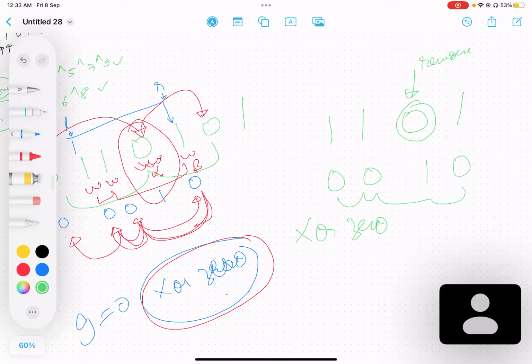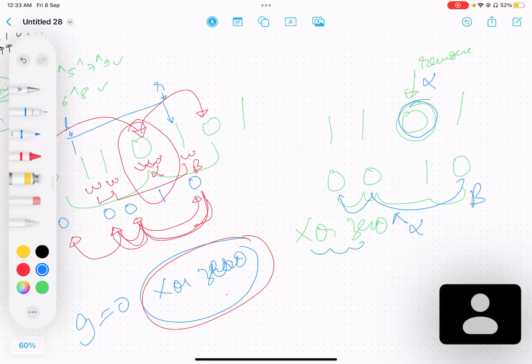Let's say the XOR of this part is alpha, and the corresponding XOR of these three is beta. Then if I want to remove this part, I will XOR alpha, so it will get removed automatically, right?